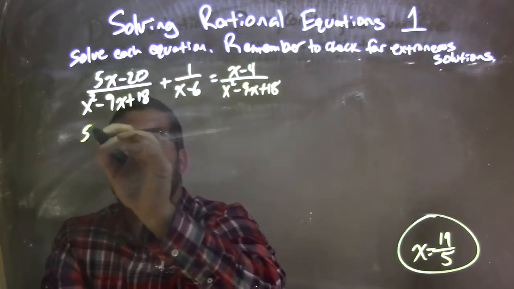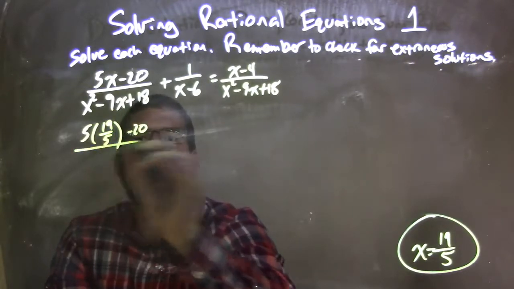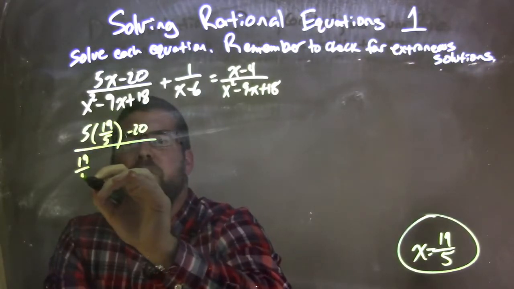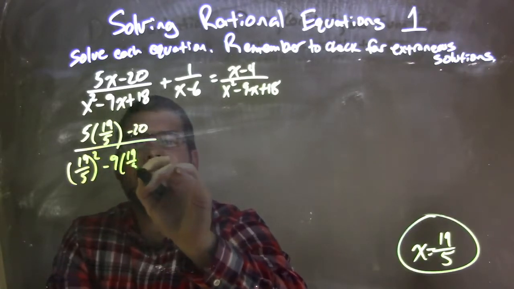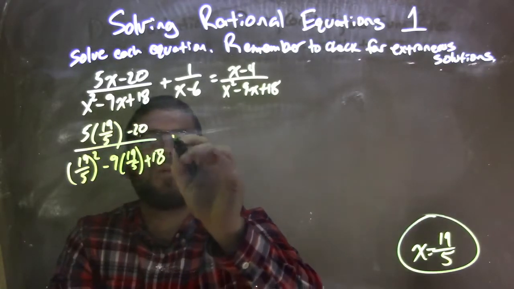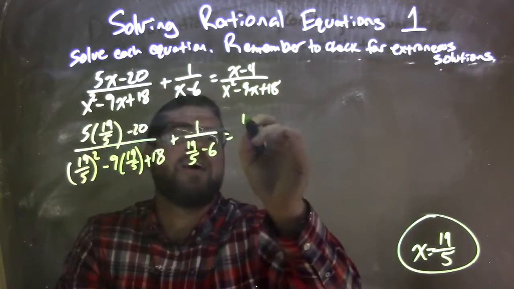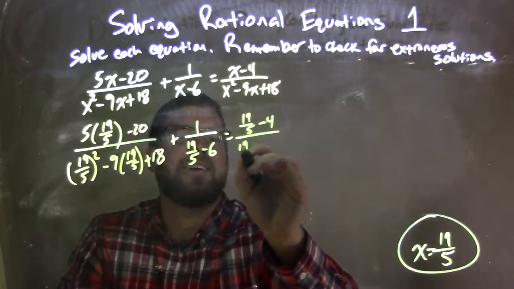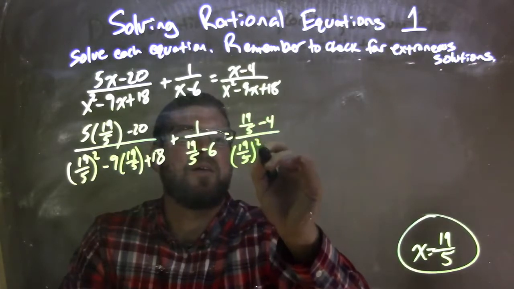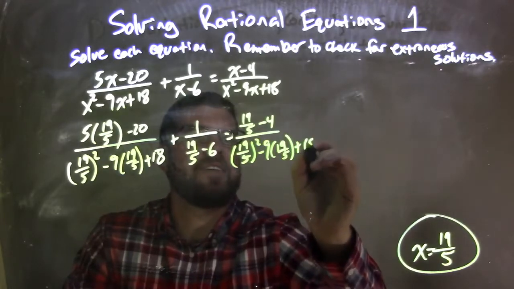So we have 5 times 19/5 minus 20 over 19/5 squared minus 9 times 19/5 plus 18, plus 1 over 19/5 minus 6 equals 19/5 minus 4 over 19/5 squared minus 9 times 19/5 plus 18.